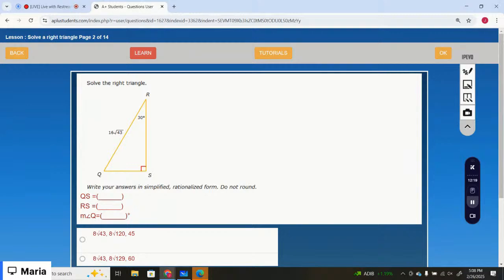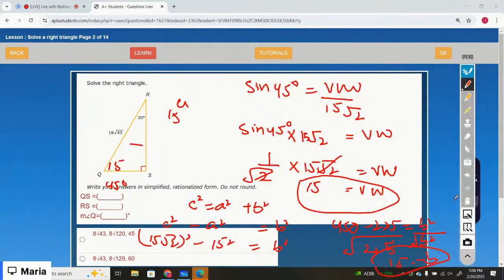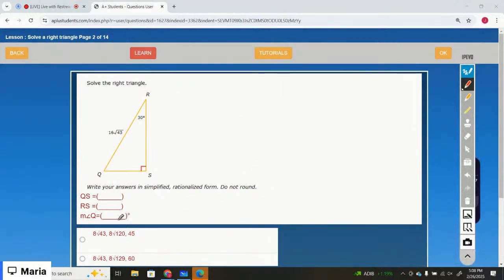So let's just see how we solve it. Okay, so the third angle is 180 minus 90 minus 30, which is 60.